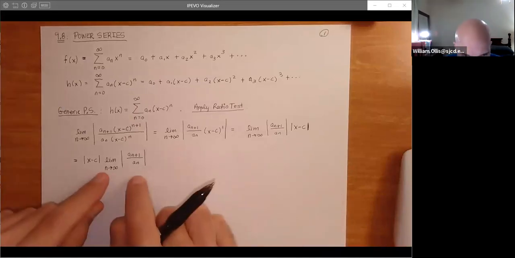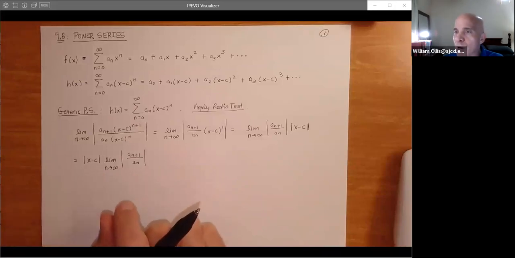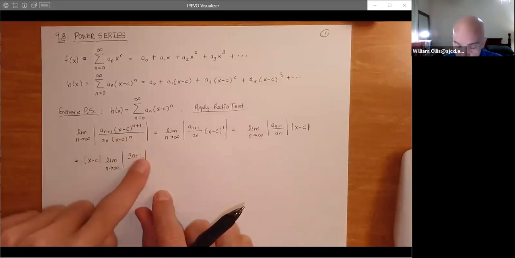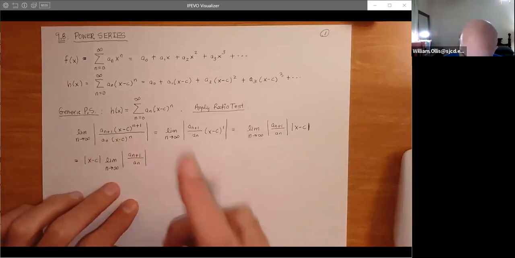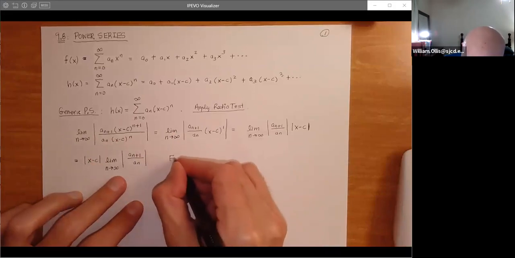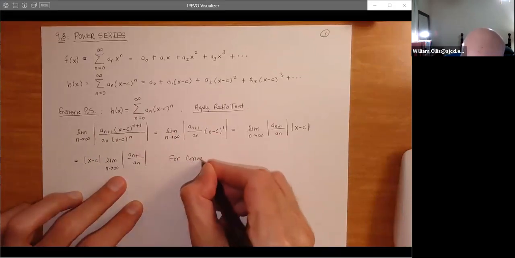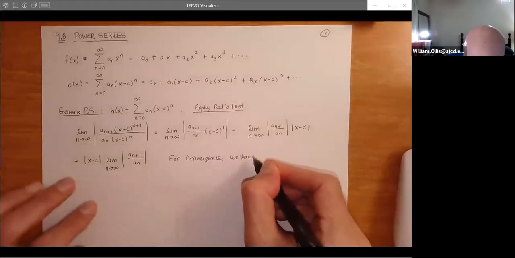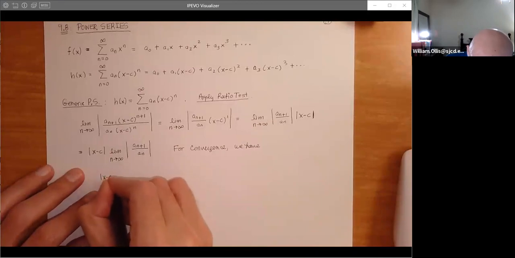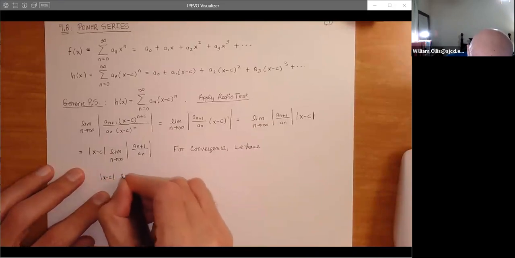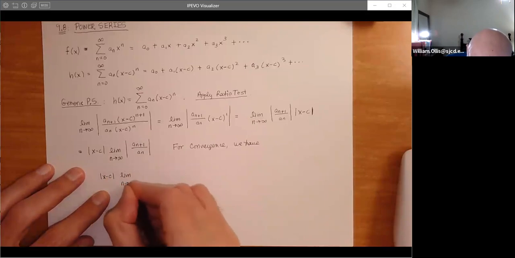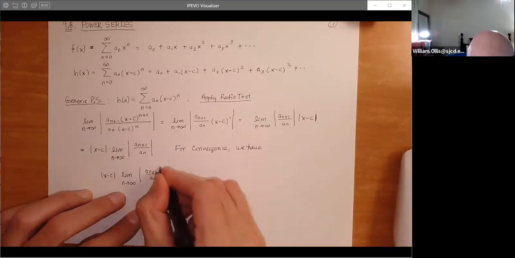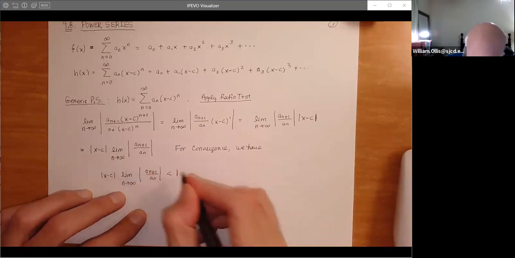So when we look at this, from the ratio test for convergence, this expression here would have to be less than 1. So for convergence, we have x minus c in absolute value, times the limit as n passes to infinity of a sub n plus 1 divided by a sub n, must be strictly less than 1.